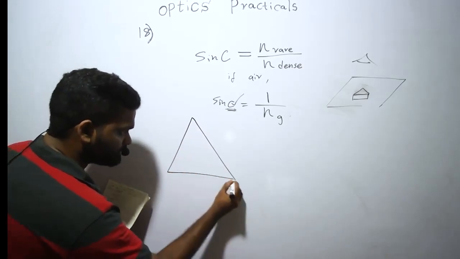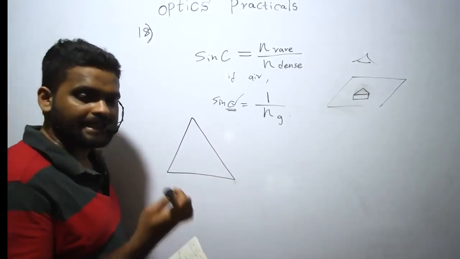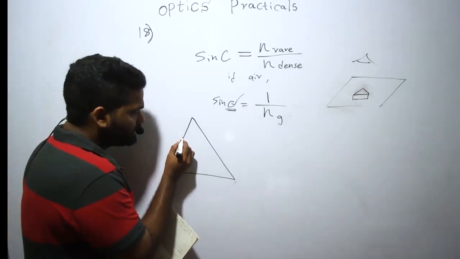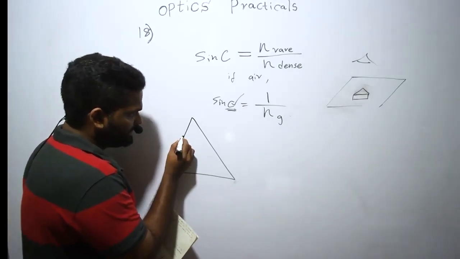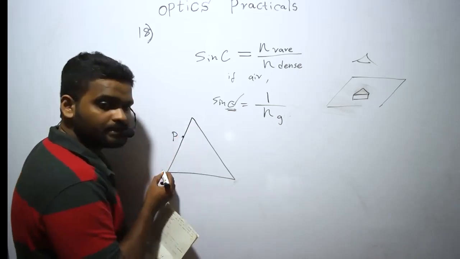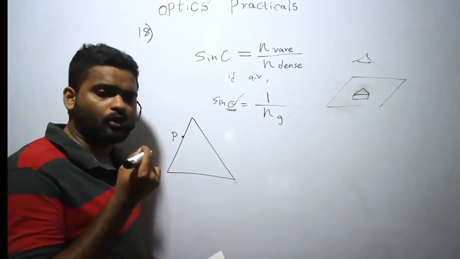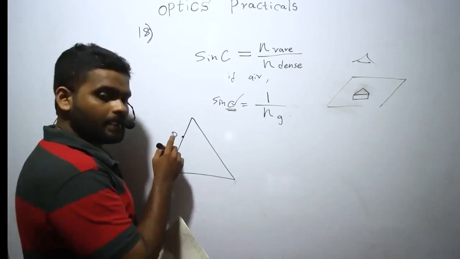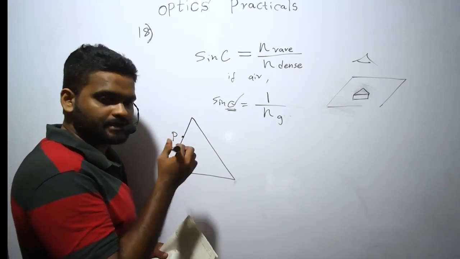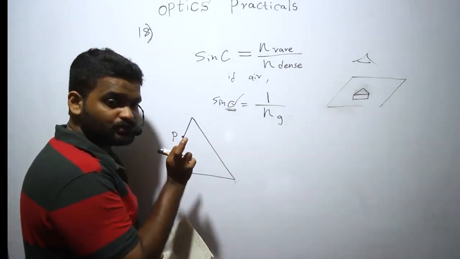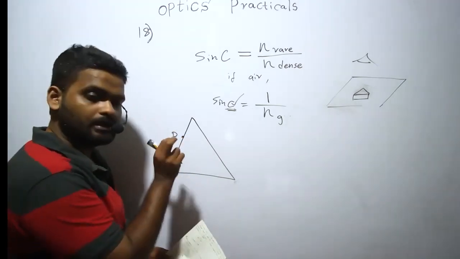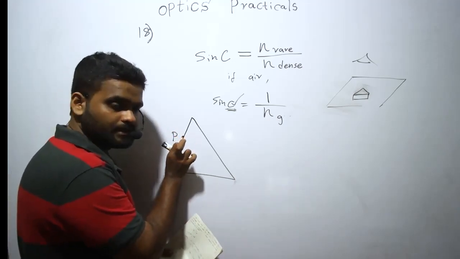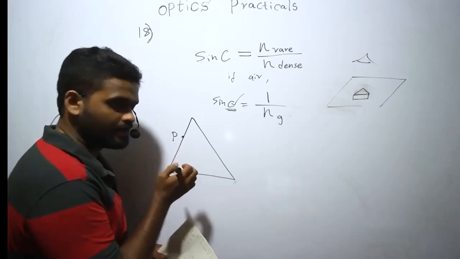So you have this prism. In the critical angle method, you place an optical pin in contact with a side of the prism. So why do we use an optical pin? The height of optical pins is usually larger than the thickness of the glass, the thickness of the prism, right?